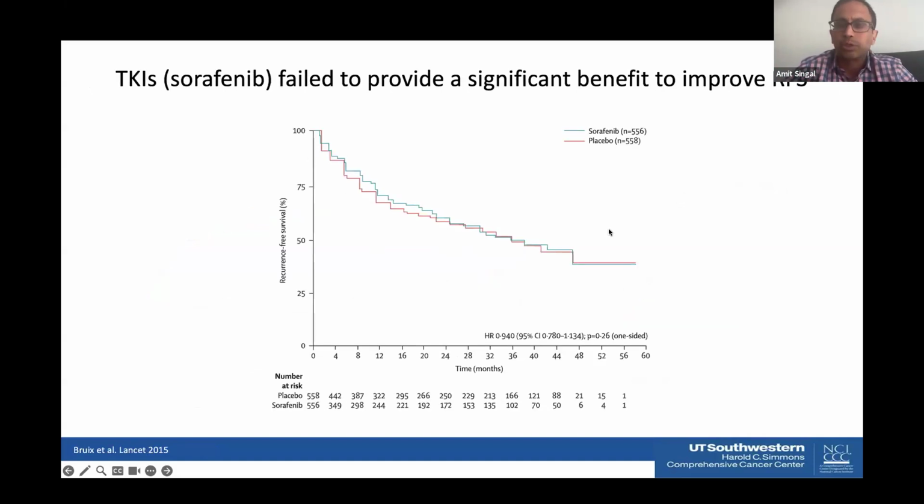So now getting closer to this discussion of adjuvant therapy, I think everyone here is aware that we started with the STORM trial previously, comparing placebo versus sorafenib in an adjuvant manner. And as many of you know, sorafenib failed to improve recurrence-free survival compared to placebo.